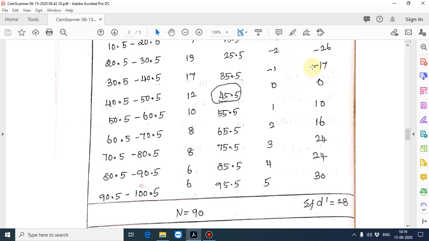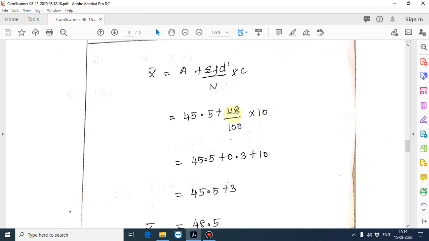Then fd dash, as usual, you multiply f into d dash and sum it to get summation fd dash. Then n, you sum the f values and you will get n is equal to 90, the number of items. Then substitute these values in your formula, x bar equal to a plus summation fd dash divided by n into c, and you will get the answer.